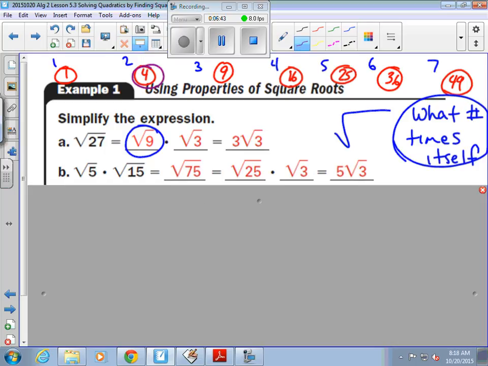These are the numbers you're checking to see if one of them is a factor in 75. You want the largest one. But remember, if you don't pick the largest one, it's just like simplifying a fraction. You can do it again. A factor of 75 is 25. So the square root of 25 times the square root of 3, which gives you what number times itself? 5 times the square root of 3.